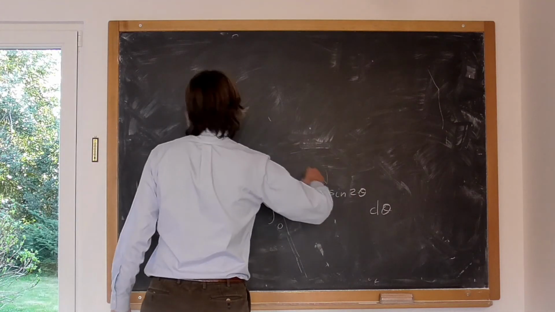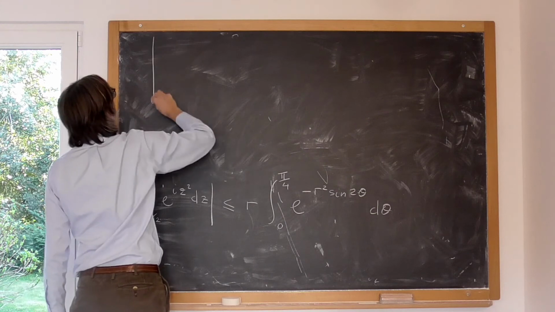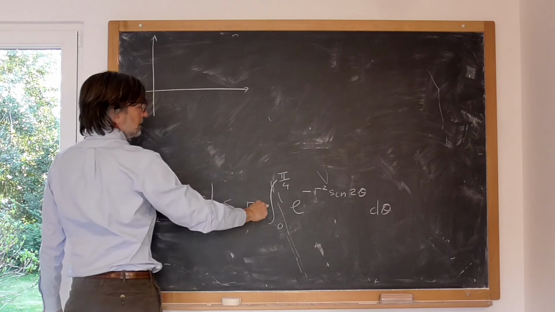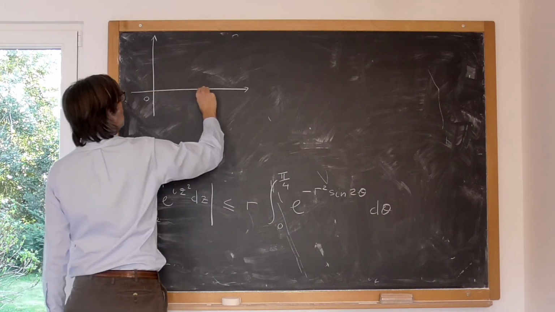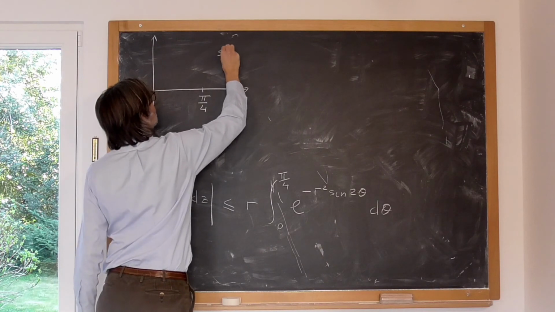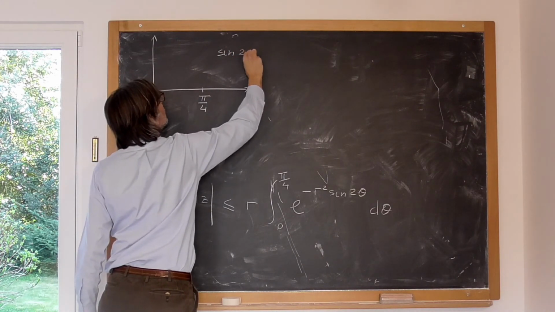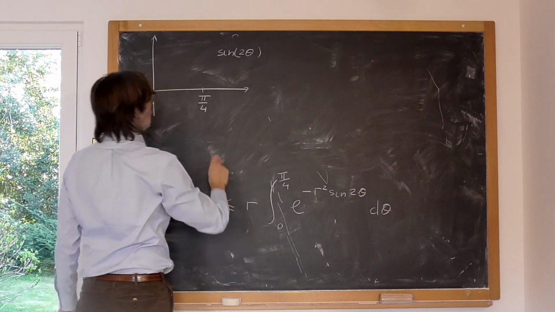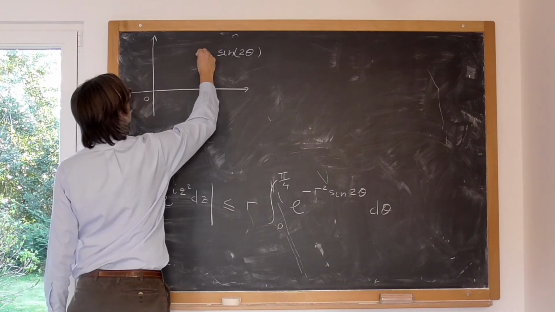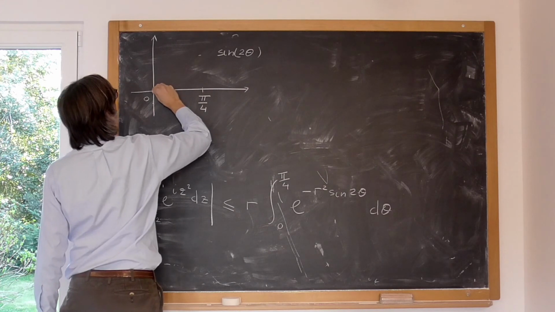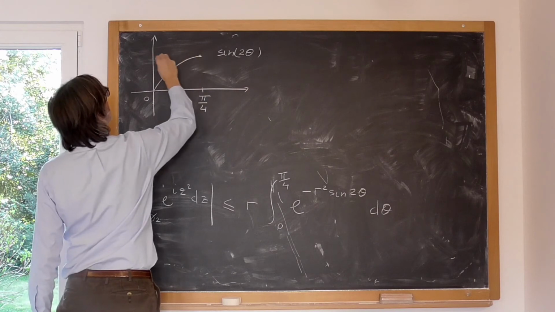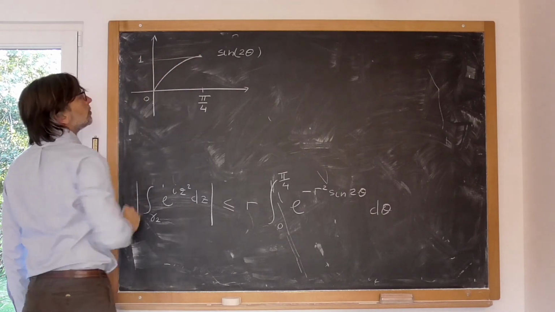So if we look at the function sine of 2 theta between 0 and pi over 4, here I'm plotting the graph of sine of 2 theta. At pi over 4, 2 theta is pi half, so sine has achieved its maximum, 1.